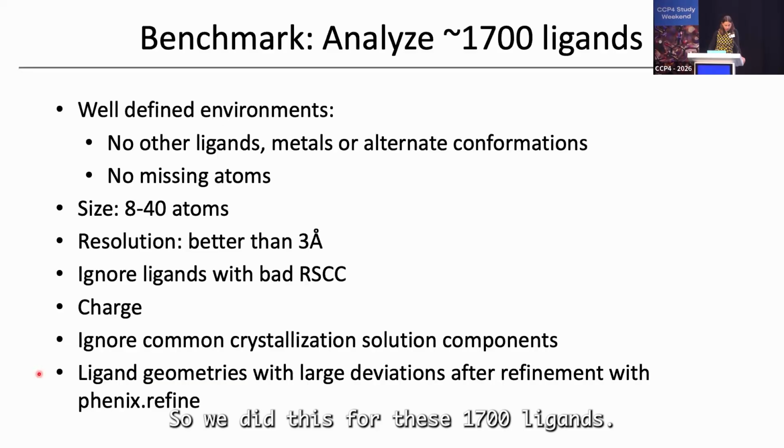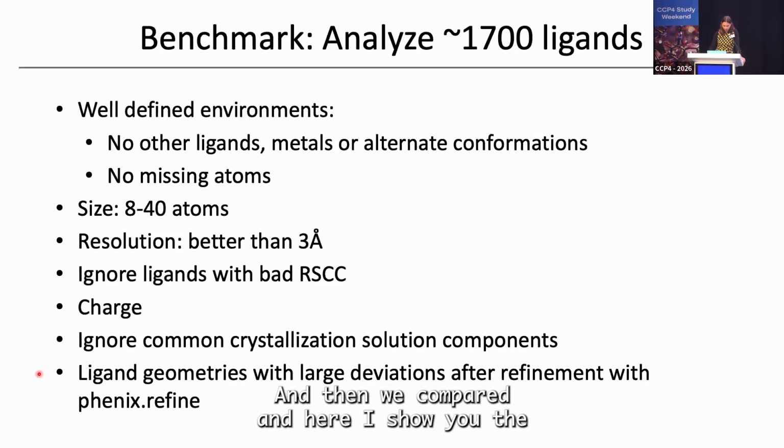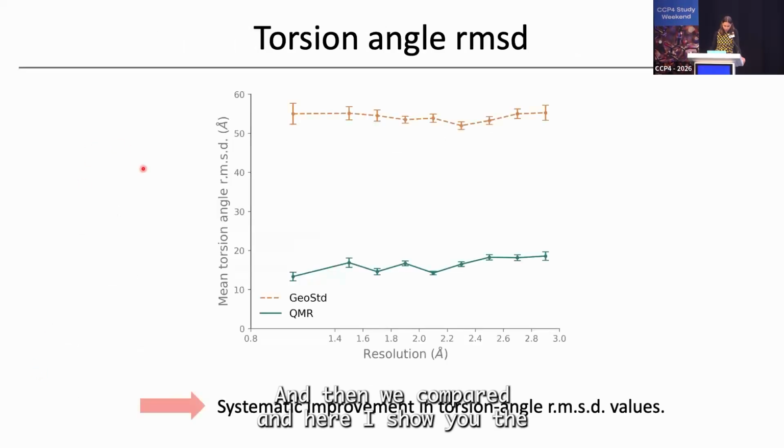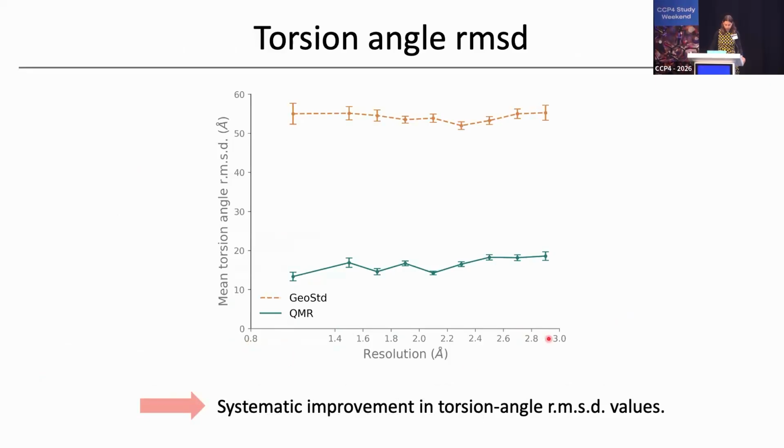So we did this for these 1,700 ligands. We refined them with the new set of restraints, and then we compared. Here I show you the mean torsion angle RMSD averaged in resolution bins. On the x-axis are all the resolution bins ranging from 0.8 to 3.0.